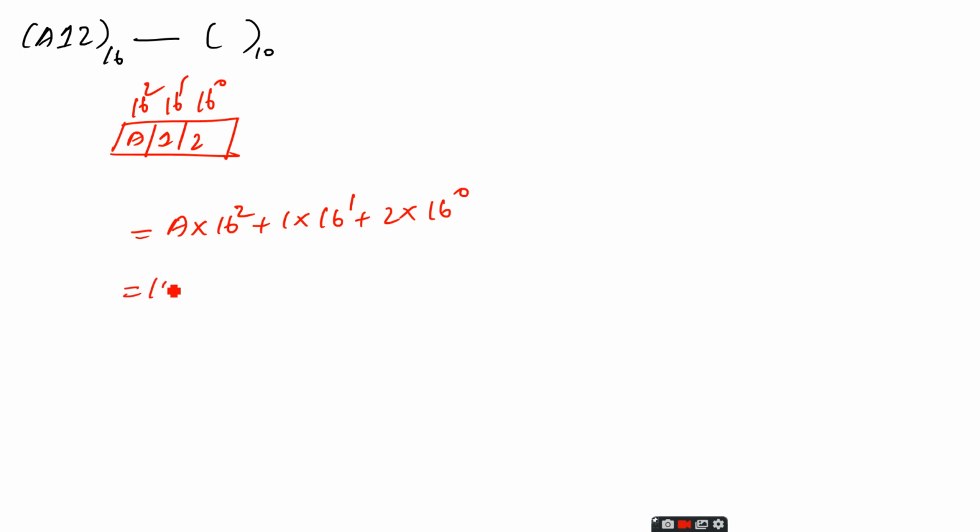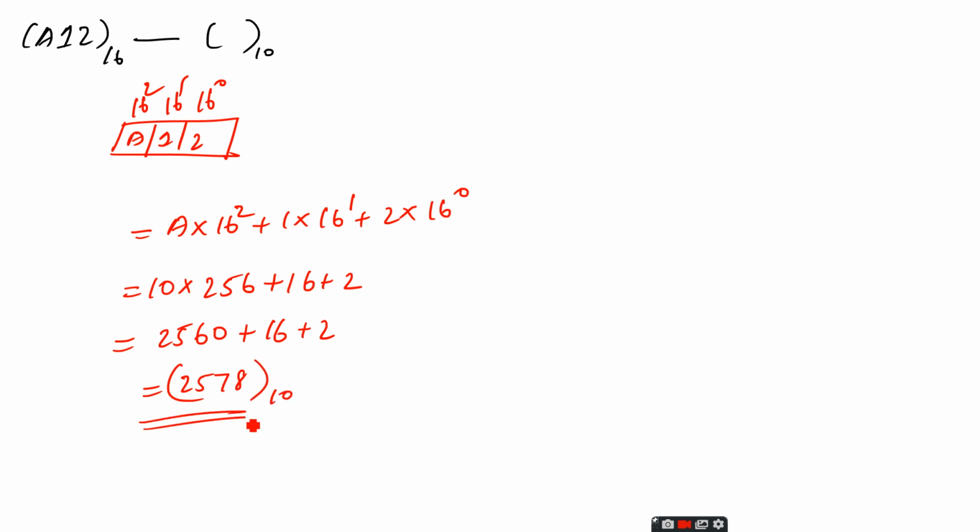So we'll get 10 into 256 plus 1 into 16, 16 plus 2. So 2560 plus 16 plus 2, that is 2578 base 10. This is the answer.